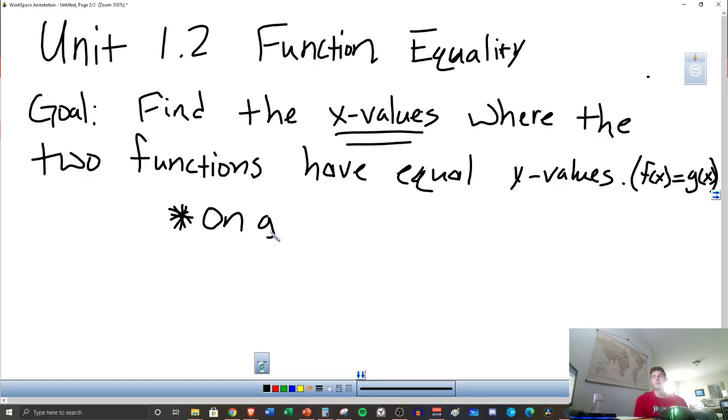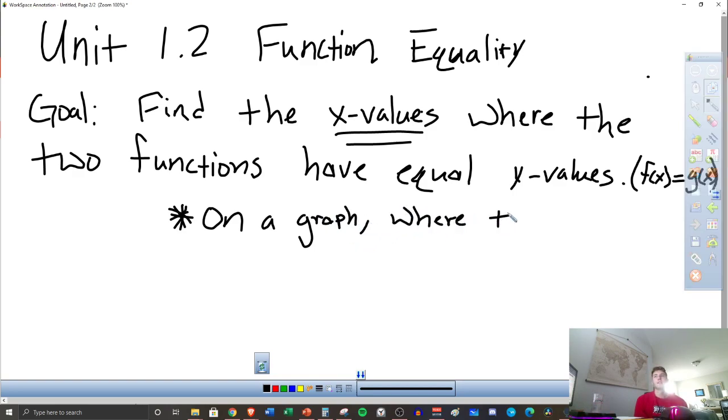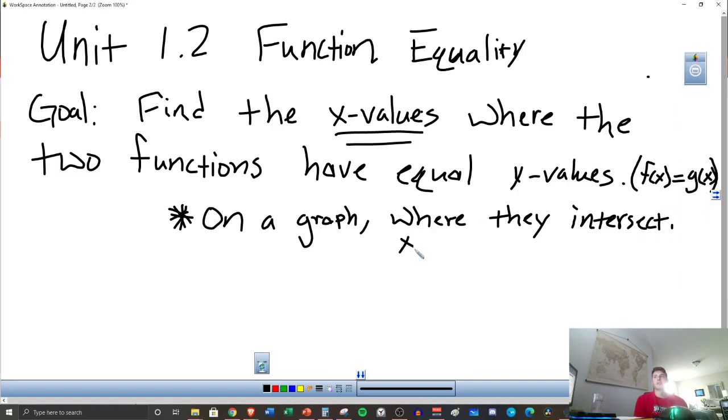So on a graph, which is where you're going to need your graphing calculator for this, this is where they intersect. And we're going to say x values where they intersect.